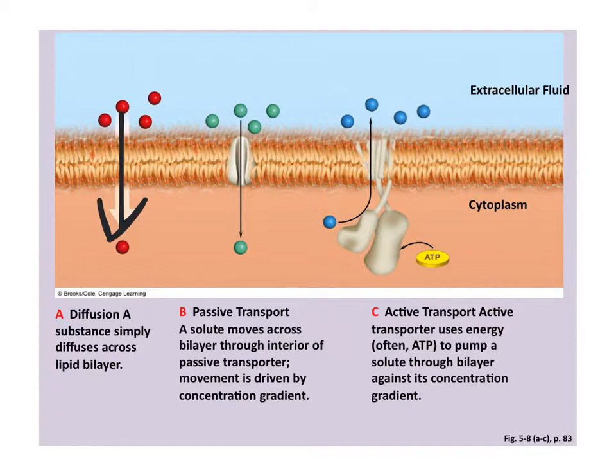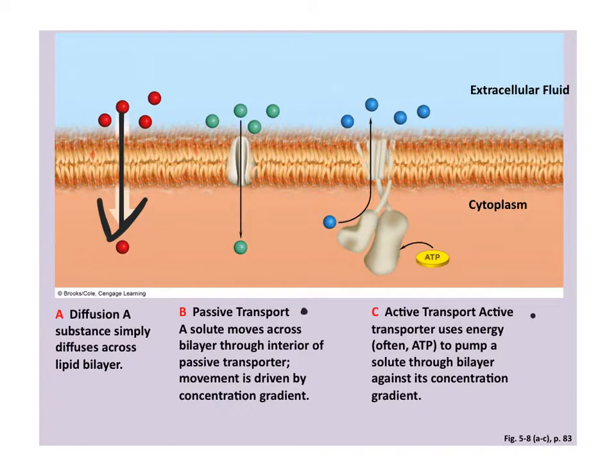We also have 2 different types of mechanisms, one called passive transport, one called active transport. Passive transport has some specific criteria. It's generally a channel protein, which may or may not be gated, but in this case, it allows for substances to go through with the concentration gradient.